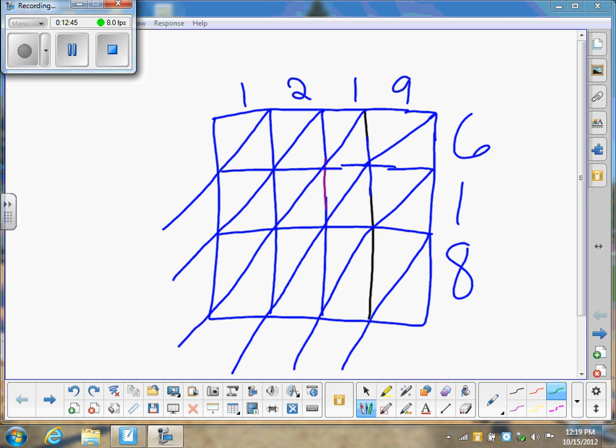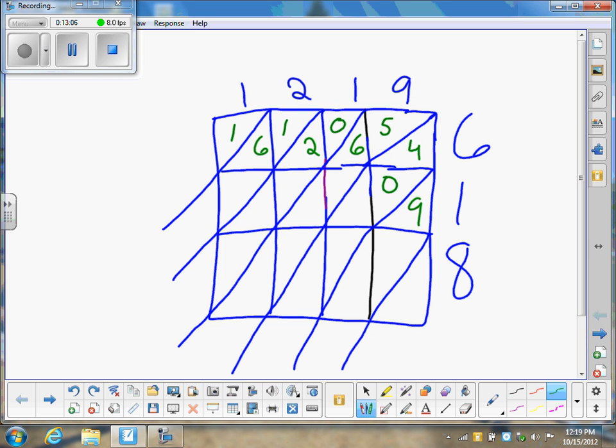First, we have to multiply. 9 times 6 is 54. 1 times 6 is 6. 2 times 6 is 12. 1 times 6 is 6. Next, we will do 9 times 1 is 9. 1 times 1 is 1. 2 times 1 is 2.